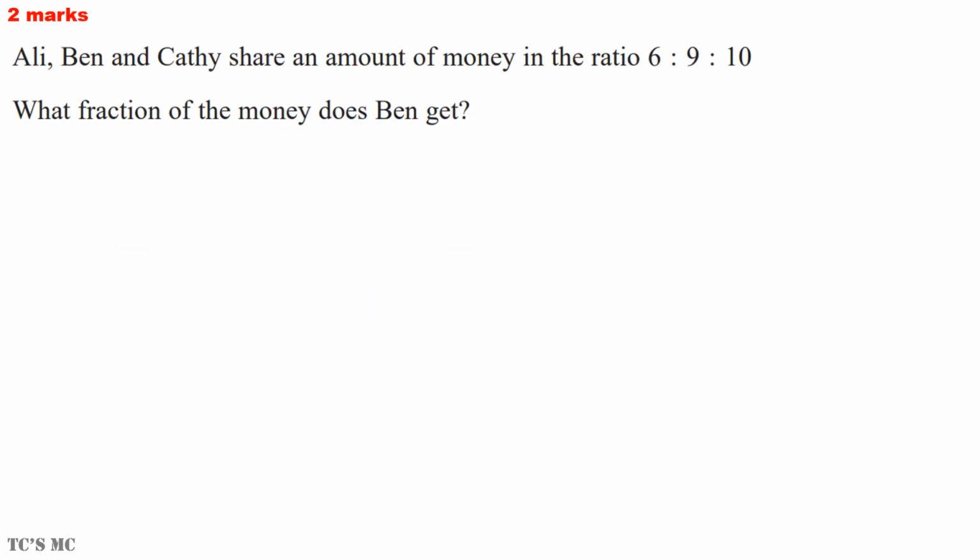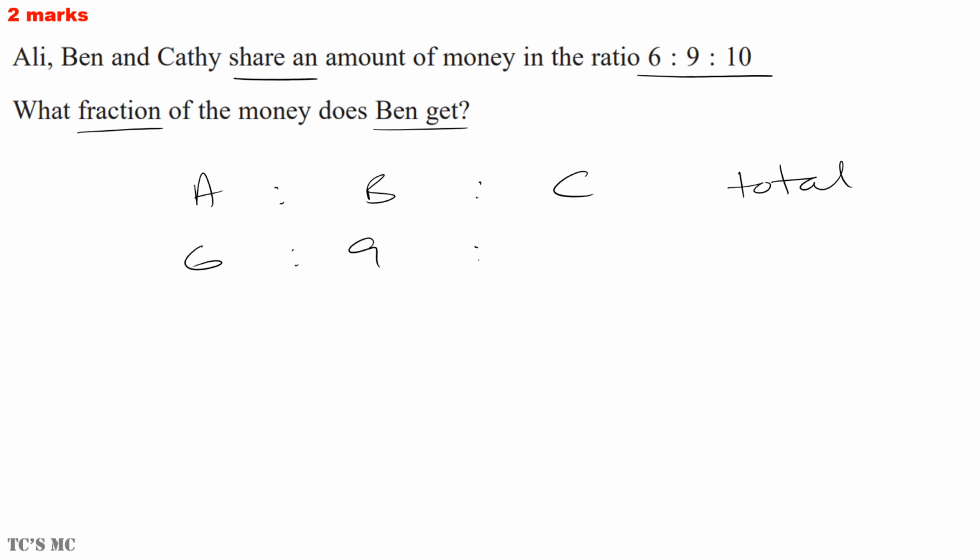Ali, Ben and Kathy share an amount of money in the ratio of 6 to 9 to 10. What fraction of the money does Ben get? I am going to rewrite the ratio with my headings, 6 to 9 to 10.